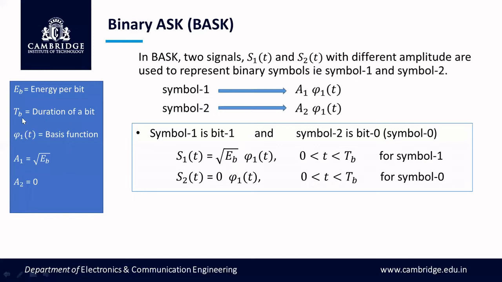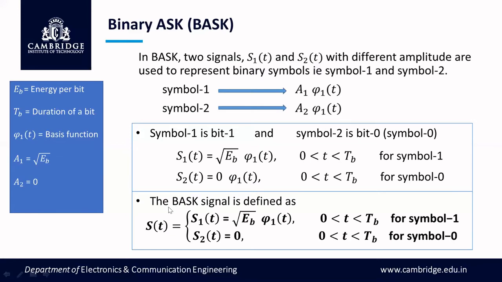Here it is given that Eb is energy per bit, Tb is the duration of the bit, phi 1 of t is the basis function, and the two different amplitude values I have told already. Putting these two equations together, we come to the definition of binary ASK, which has two signals, S1 of t and S2 of t.